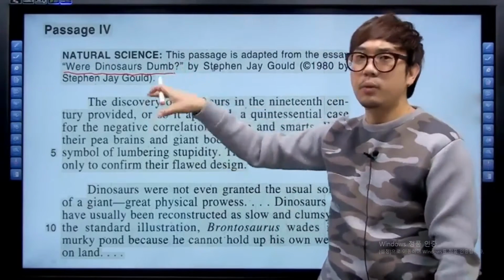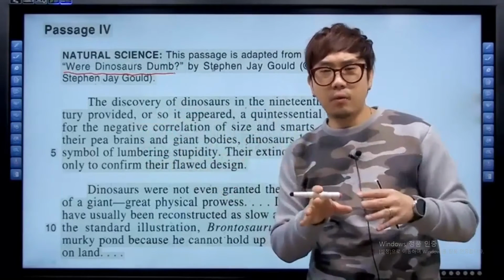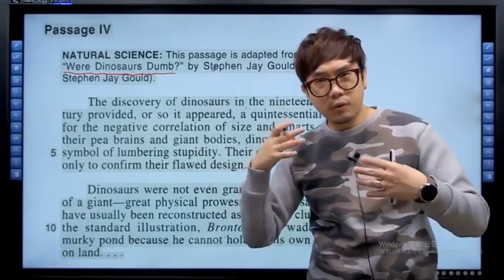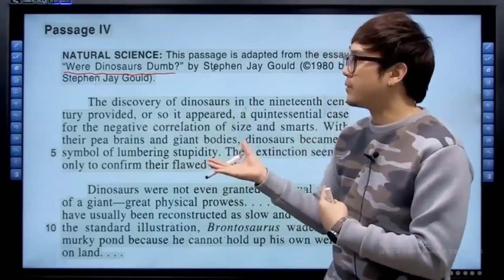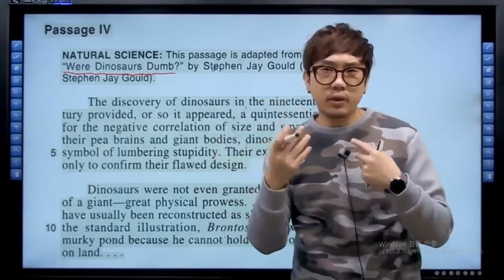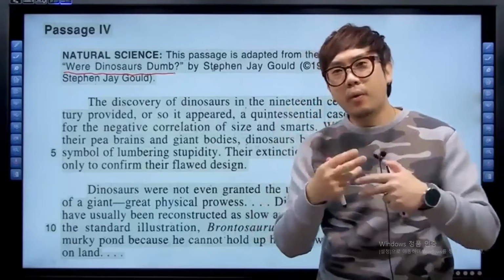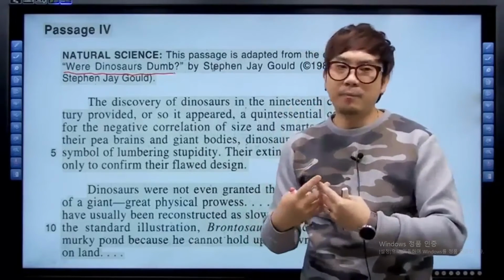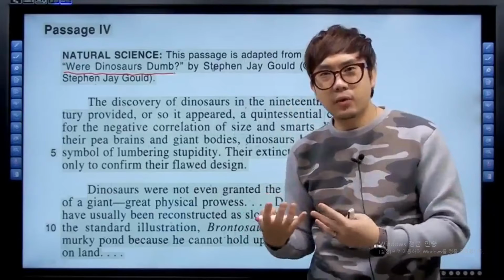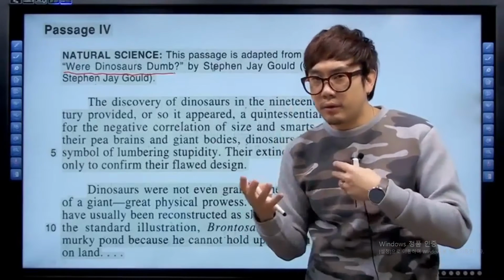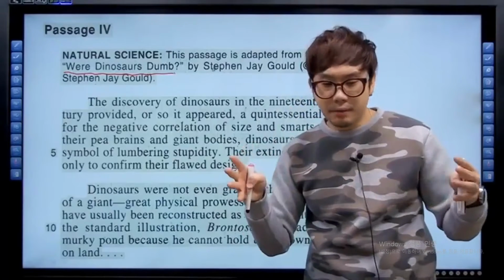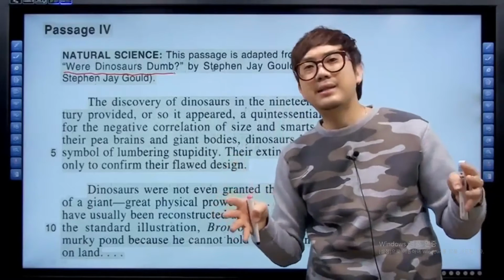Were dinosaurs dumb? No. That's what the question usually implies. Because if you think about it, we already have this notion of dinosaurs being dumb, because of the sheer body size that they had.